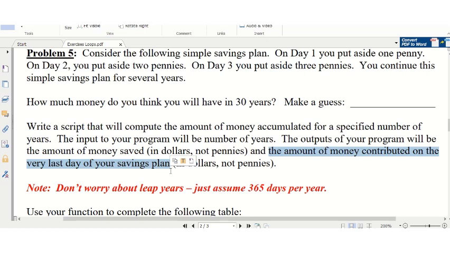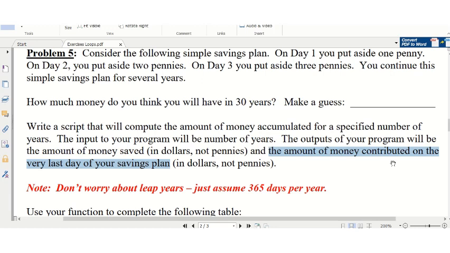Okay, let's suppose you have saved it for only 2 days, sir. Only 2 days. What is the total amount of accumulated amount? 3 pennies. 1 plus 2, right? And the amount of money contributed on the very last day of your savings plan, that is 2, right?